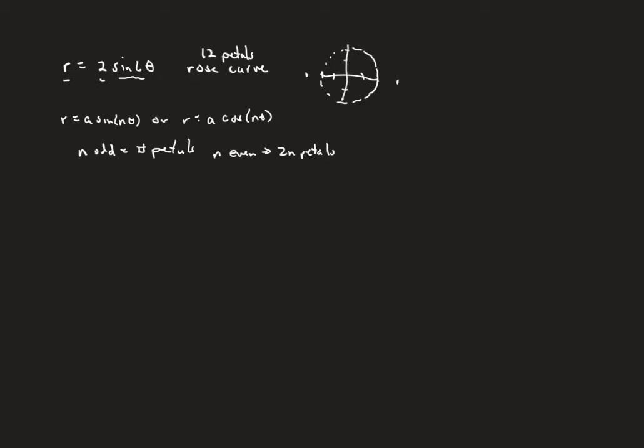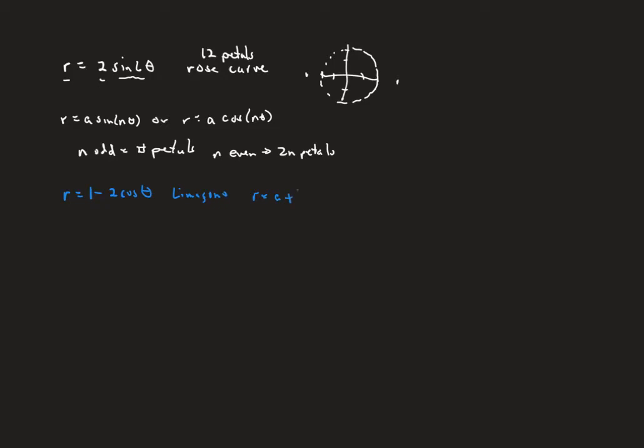Now, you can also try on your graphing calculator R equals 1 minus 2 cosine theta. This is from the family of curves known as limaçons. That's anytime we have something in the form R equals A plus B sine theta, or R equals A plus B cosine theta.